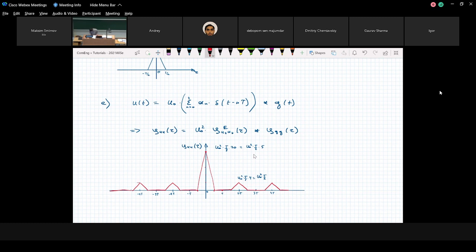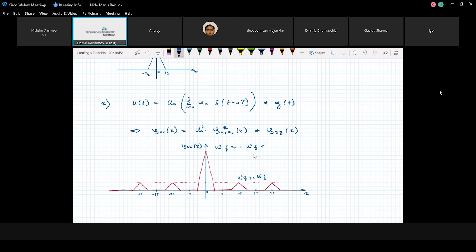We have our autocorrelation function identical to what we had, or similar. Now, so that's all. We have found our autocorrelation and we have specified all the parameters.